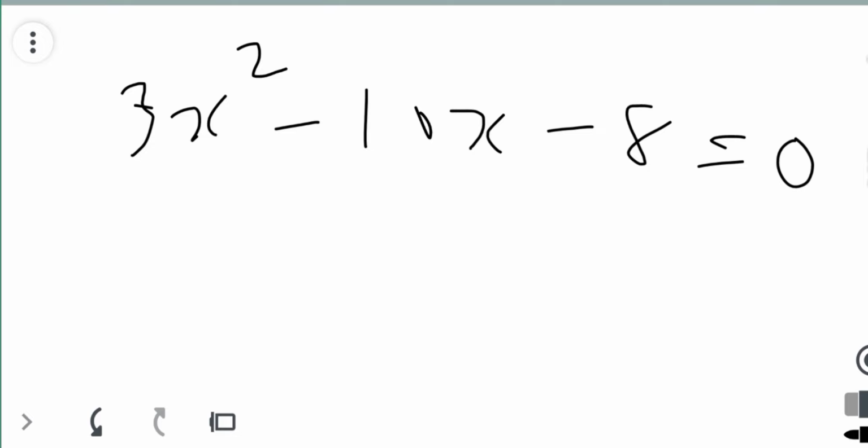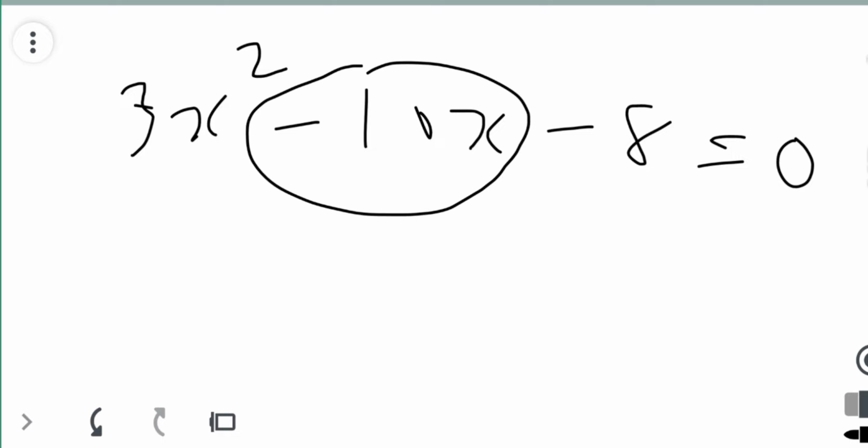Don't forget, we said you have to consider this one at the middle. You ask yourself two numbers that when you add them together, you'll be getting minus 10x. And when you multiply that same two numbers together, you'll be getting 3 multiplied by 8, which is minus 24.